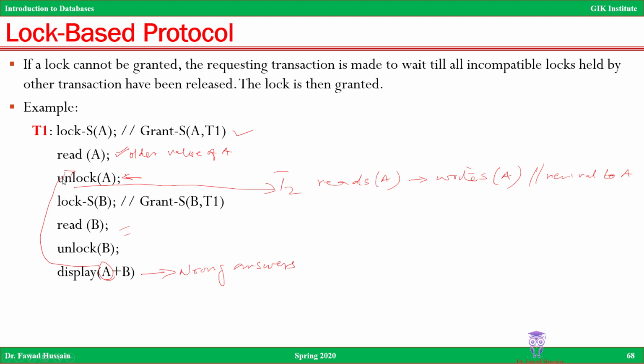However, in between when A was unlocked, if another transaction modifies the value of A, there's a possibility that we end up with the wrong answer.